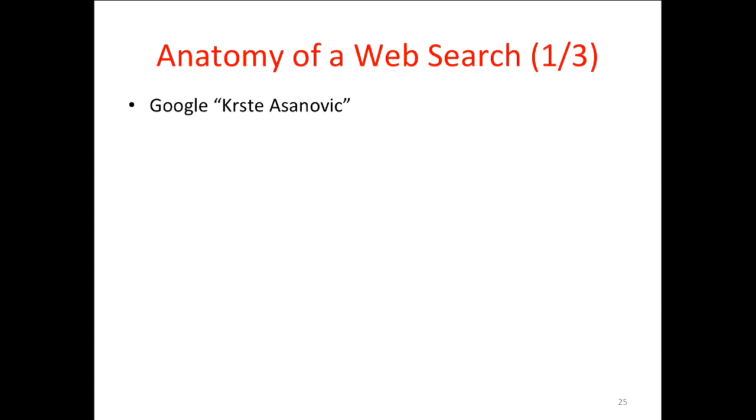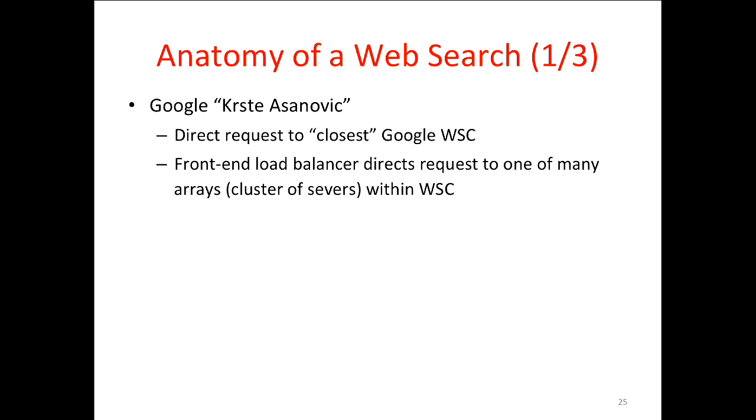If we Google "cluster autonomous", first, your query is sent to the closest Google warehouse scale computer, which is magically done by the DNS servers, which is a topic of network class. And then there is a server called the front-end load balancer, which will send your request to one of many arrays.